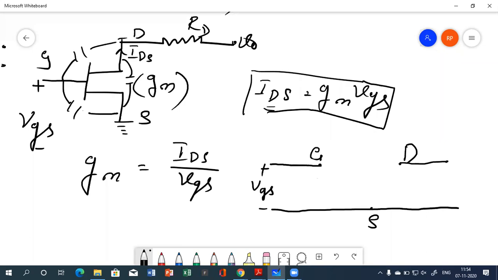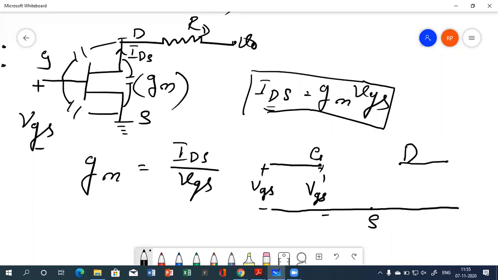That's why I've drawn VGS between the gate and source. Again, at this terminal we have another voltage similar to this. We call it VGS dash, which is the internal gate to source voltage. Once this VGS is applied, the same voltage VGS dash also flows. I call it internal because this voltage depends on the internal resistors and capacitors of the JFET. Now look at this.